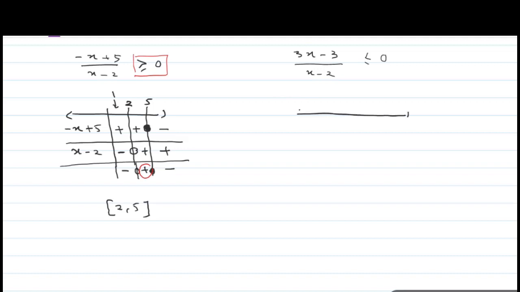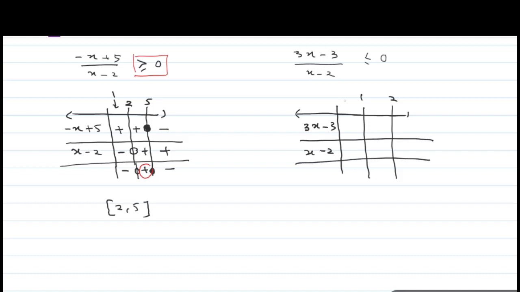Okay, same goes to the second rational inequality. First, we have to draw the number line and then find all the zeros. So the zeros here are 1 and 2. List down all the factors and then test the values. Let's say I choose 0 to test the value. So 3x minus 3, 1 will make it 0, and 3x minus 3 is in the numerator. So we can take the value of 1. So 0 minus 3 is negative, so the other side should be positive.